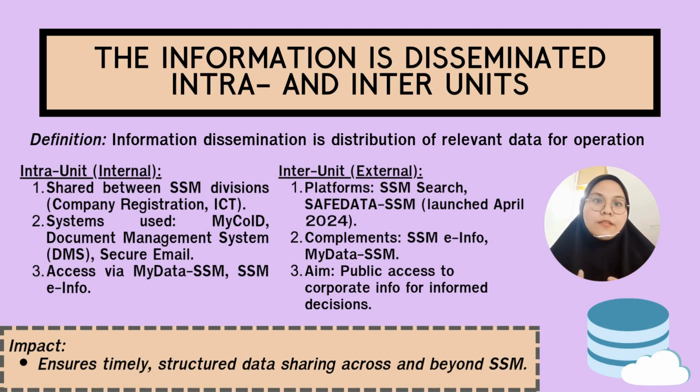Now I will explain how the information is disseminated intra and inter units. What is information dissemination? Information dissemination is the distribution of relevant data for operation. Intra-unit is held between SSM divisions, for example, company registration and the ICT unit.